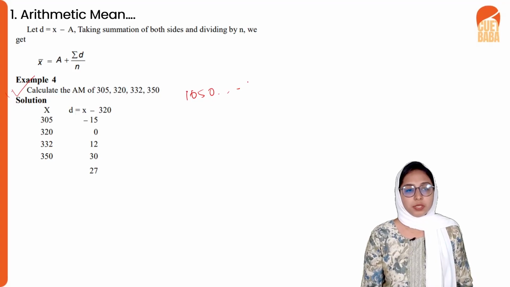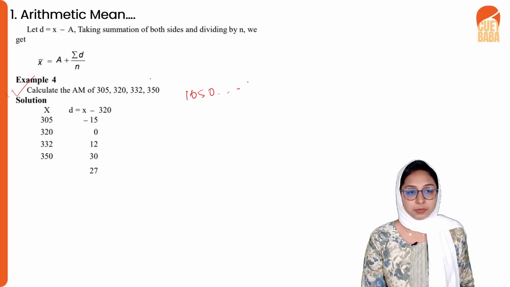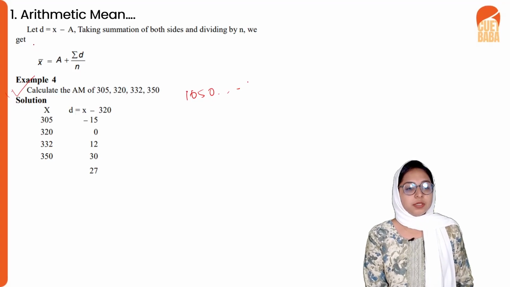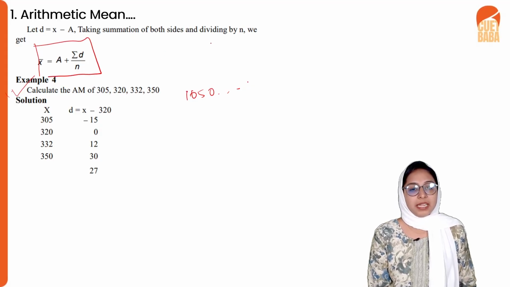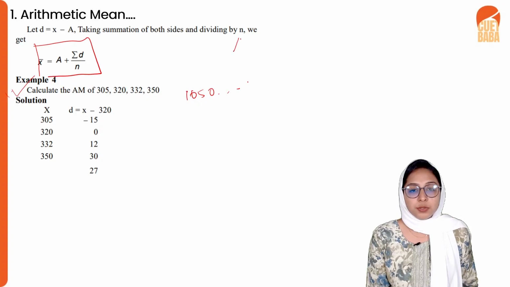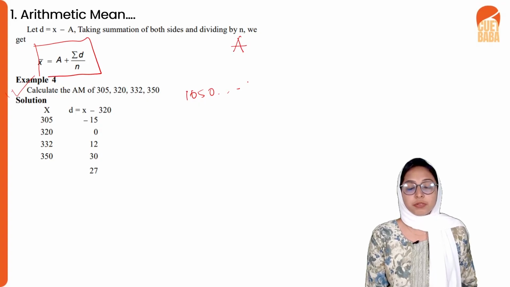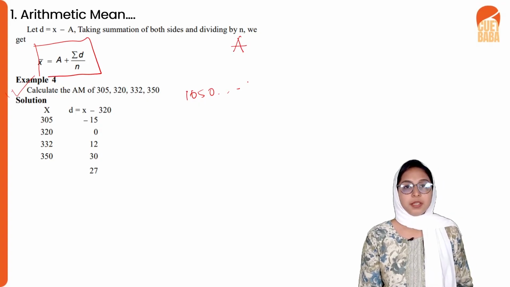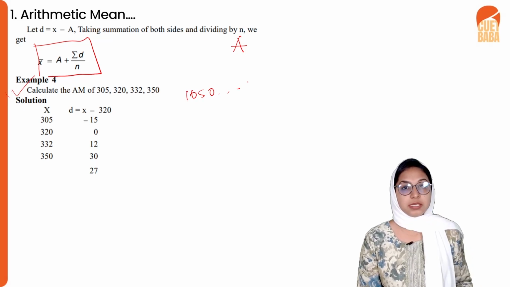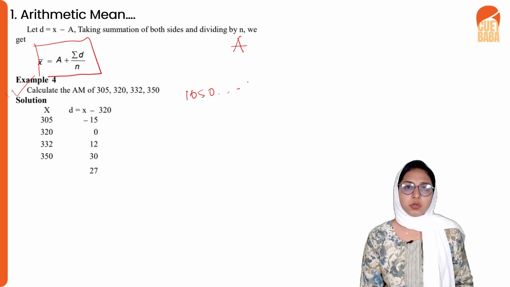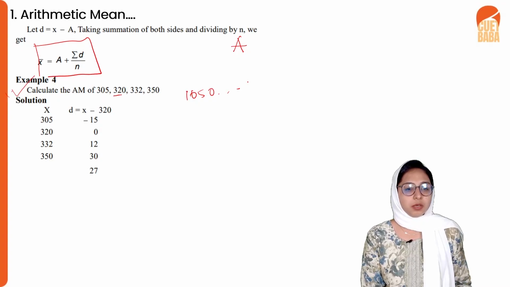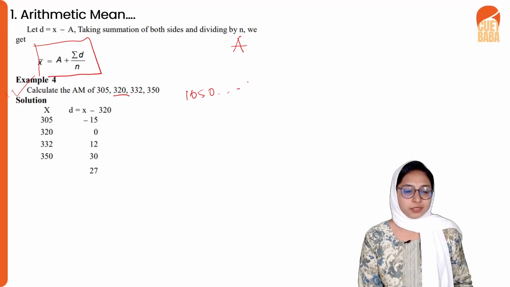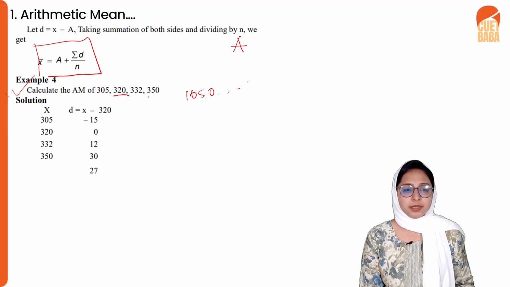So here we use a shortcut method, with the equation x bar is equal to a plus summation d by n, where a is nothing but an assumed mean. We assume a mean from the given observations, selecting an observation that is not too large and not too small. Here we can see 320 is somewhat in the middle. 305 is not too much lesser than 320 and 350 is not too much greater than 320.